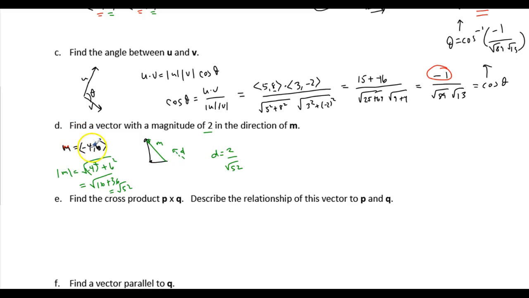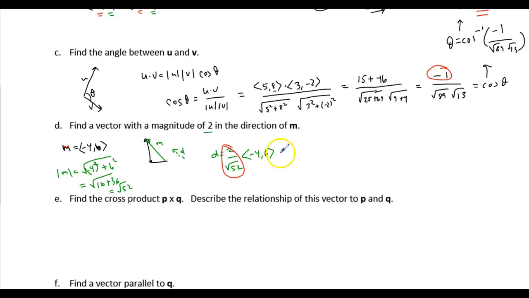Basically I divide by the square root of 52 to get it down to a length of 1, and then I multiply by 2. Then I multiply that by my vector m, because that's still in the same direction. All I'm doing is finding this particular scale factor to make the problem work.